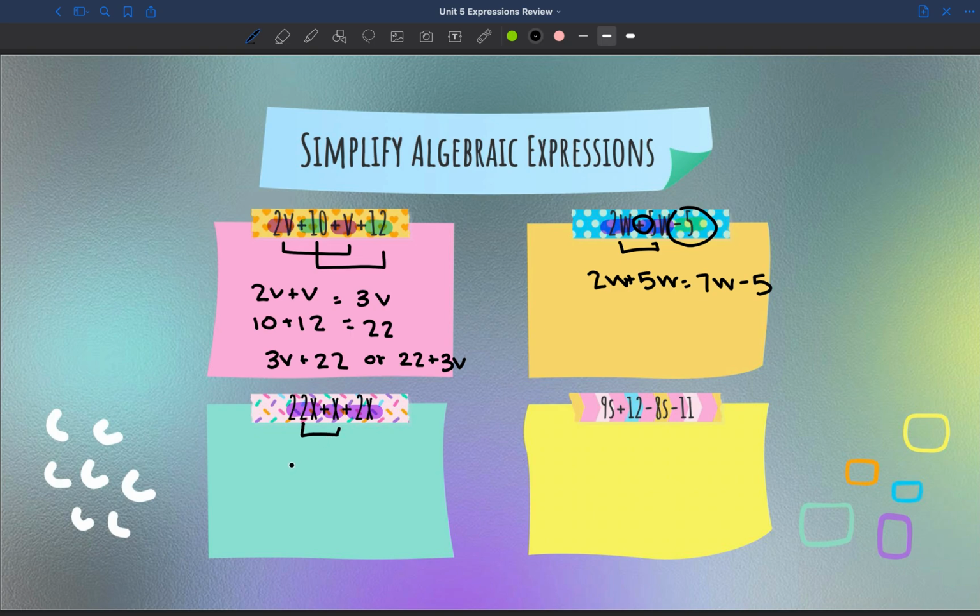So 22x plus x, we get 23x. And then we have that last term, so 23x plus 2x, which gives us the answer of 25x. So your simplified algebraic expression should have been 25x.